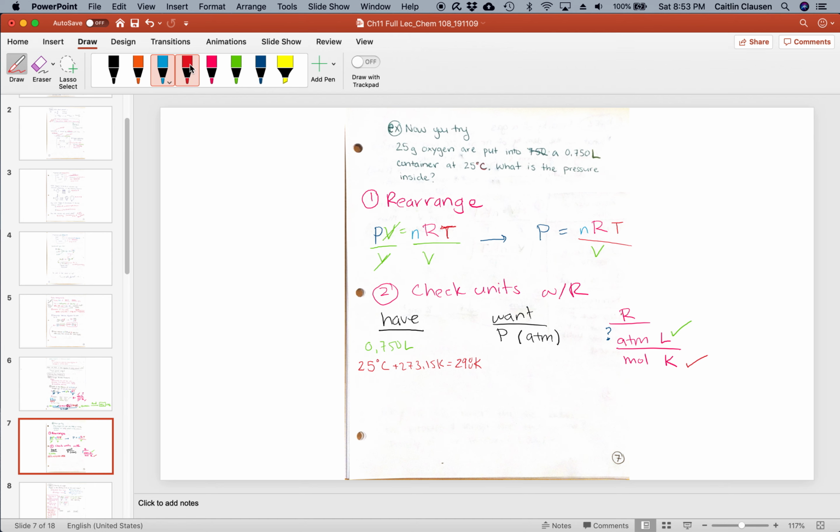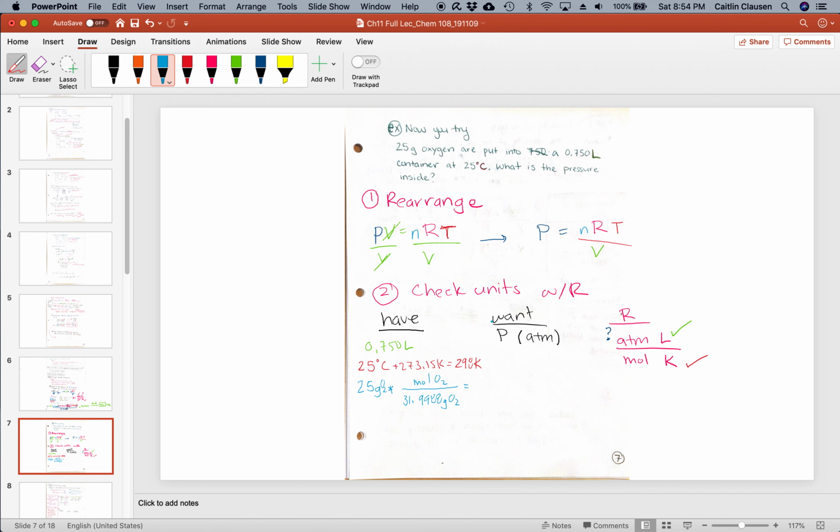And we'll do light blue. We're given 25 grams. The molar mass of O2 is 31.9988 grams of O2 for every mole of O2.